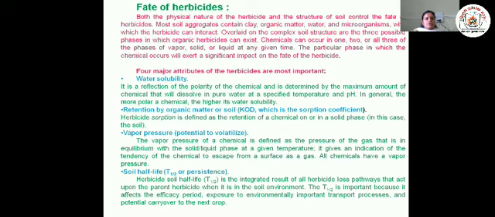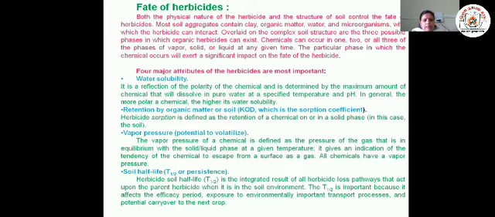Then the potential to volatilize. Vapor pressure of a chemical is defined as the pressure of gas that is in equilibrium with the solid or liquid phase at a given temperature. It gives an indication of the tendency of a chemical to escape from the soil surface as a gas. All chemicals have a vapor pressure. Then soil half-life.